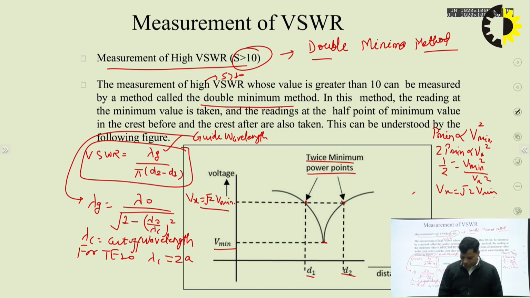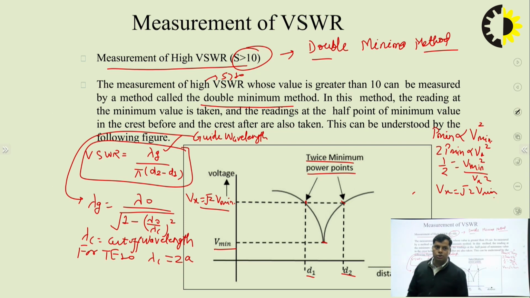So in this way, we can calculate the value of lambda C. For the test bench which we are using, the value of A is also already defined. So we can calculate lambda C and the free space wavelength lambda naught. With the help of these 2 values, we can calculate the value of lambda G and put it into the relation lambda G upon pi times D2 minus D1.